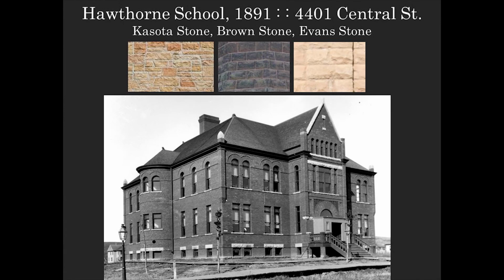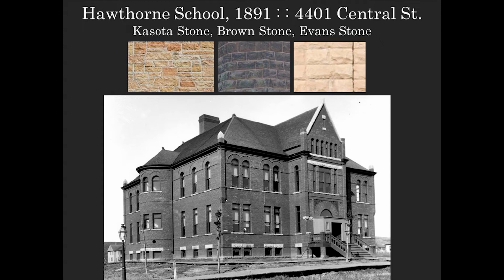Hawthorne School in Leeds was built in 1891 at 44th and Central Streets. So, when this building was initially announced, the school district said it would be built out of one of 3 different stones. It could have been built out of Kasota stone, brownstone, or Evans stone.